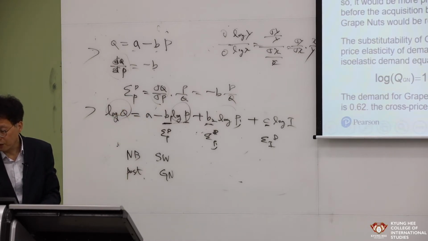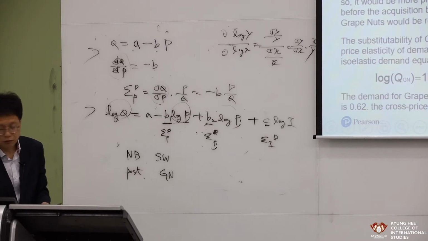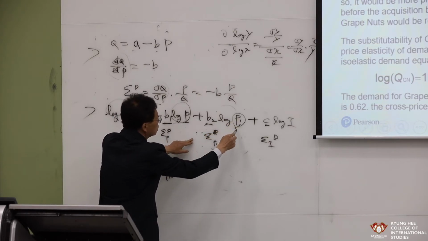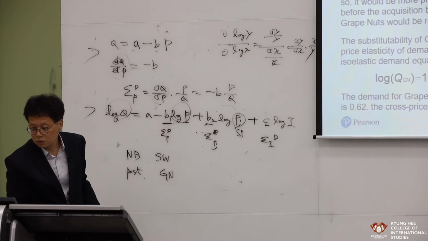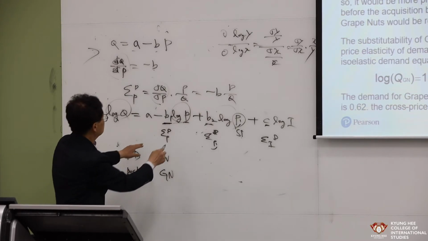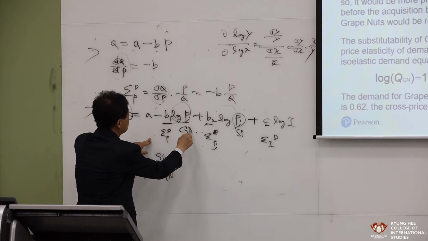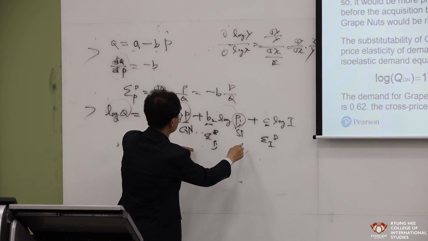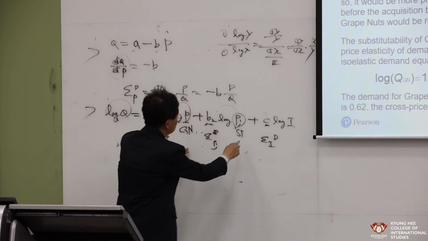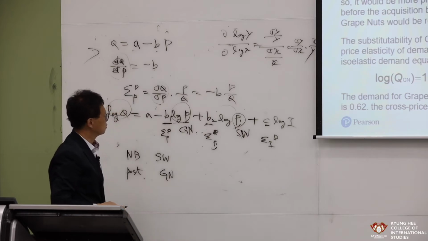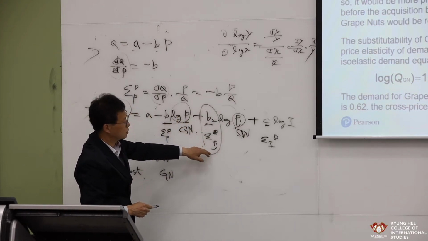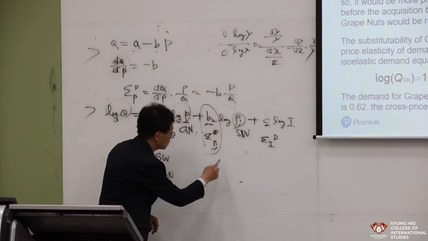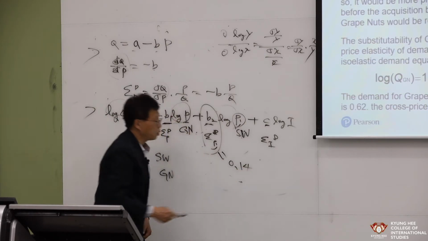And we find this one, that is the Grape-Nuts price. And this is Nabisco's shredded wheat, right? And we calculated the cross price elasticity of demand. That was 0.14.